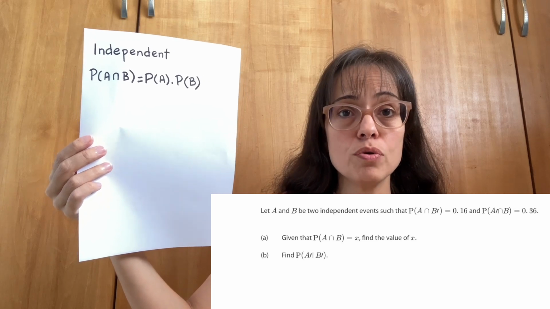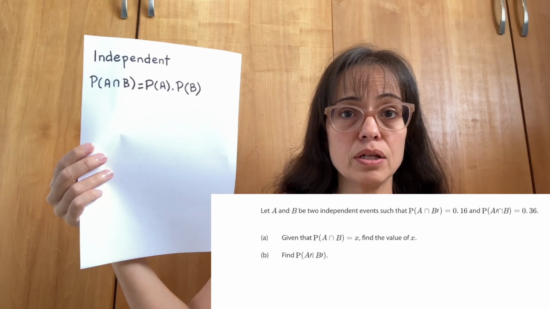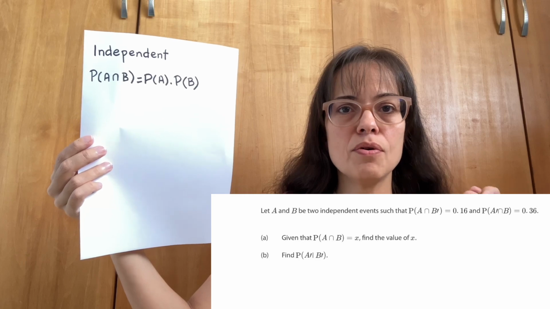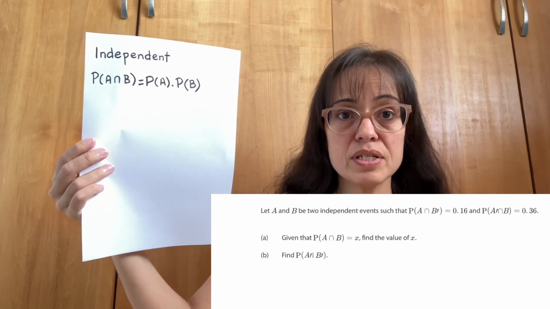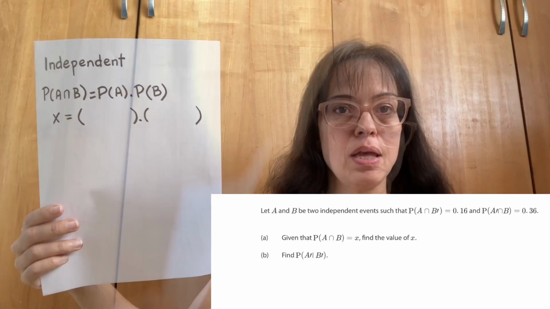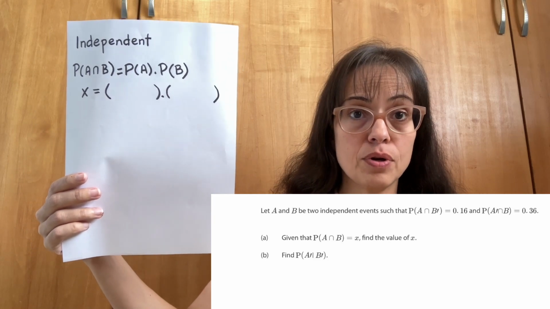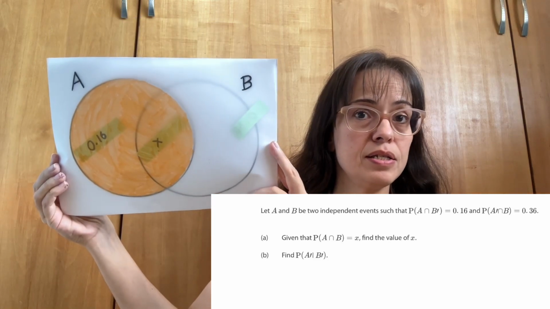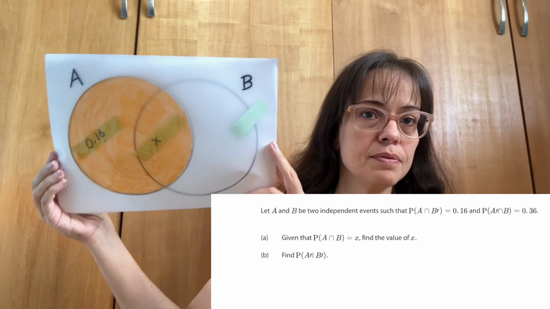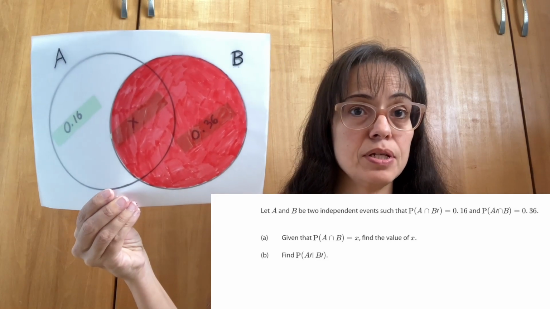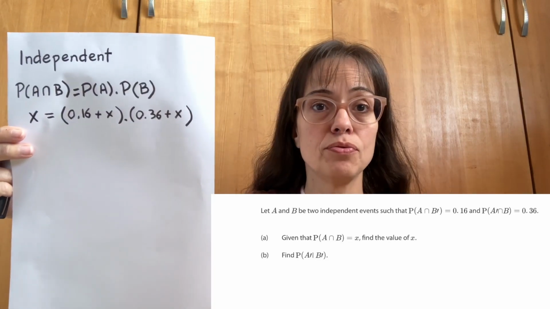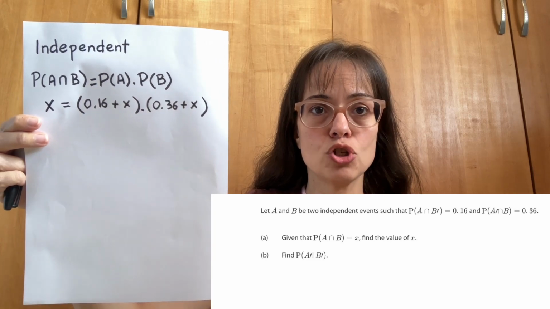So I am just going to substitute things into here and calculate. P of A intersect B was X that he told me before. And the probability of A and the probability of B, I'm going to go look in the diagram. So A is 0.16 plus X, and B is 0.36 plus X. So that's all in the formula now. I'm just going to go and solve the equation.